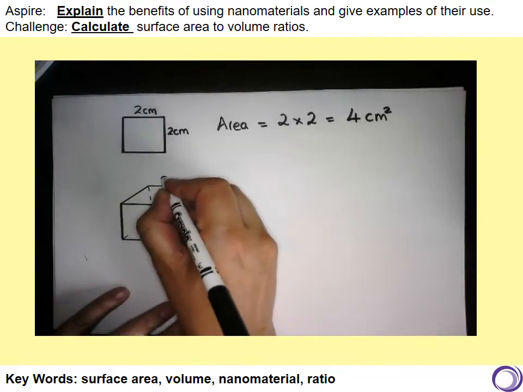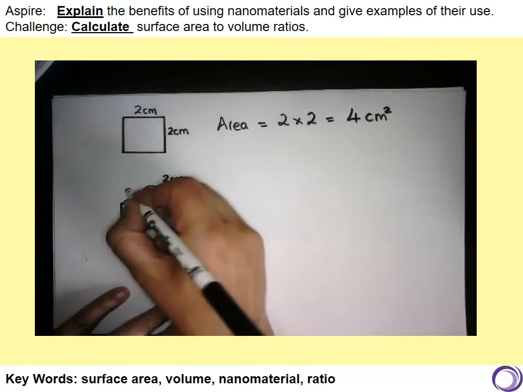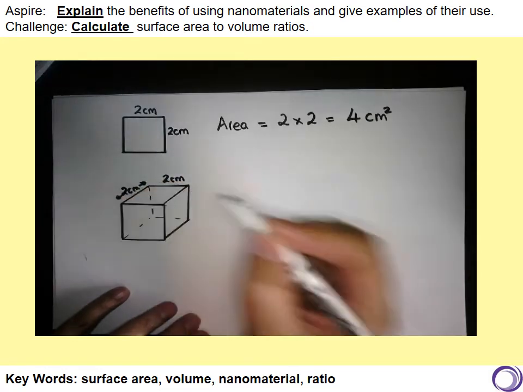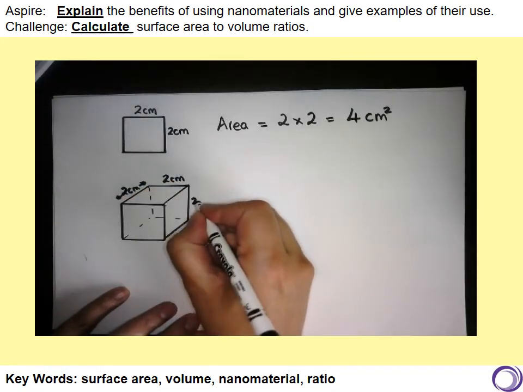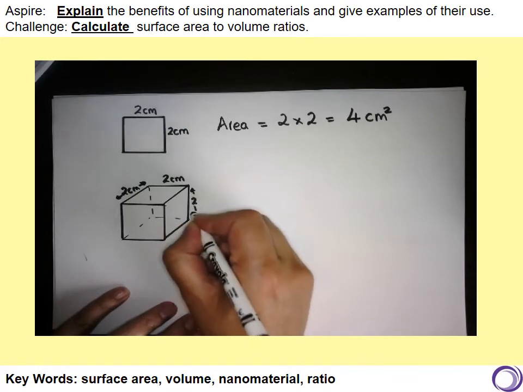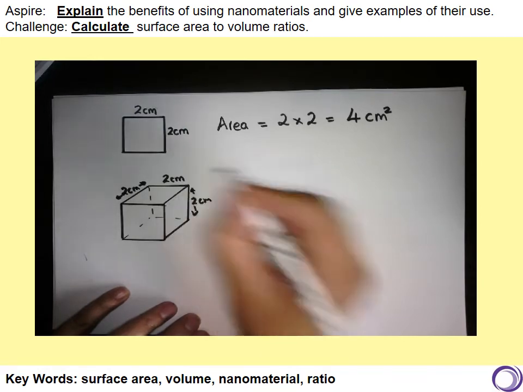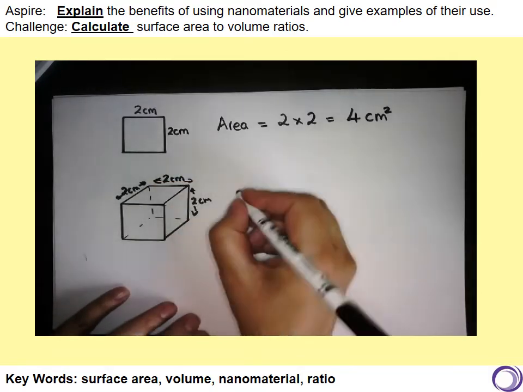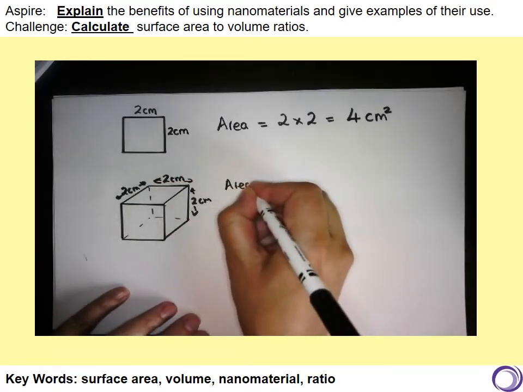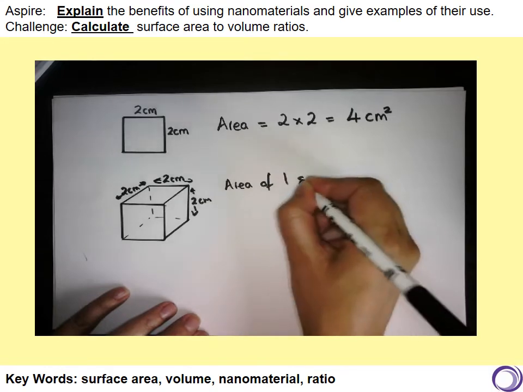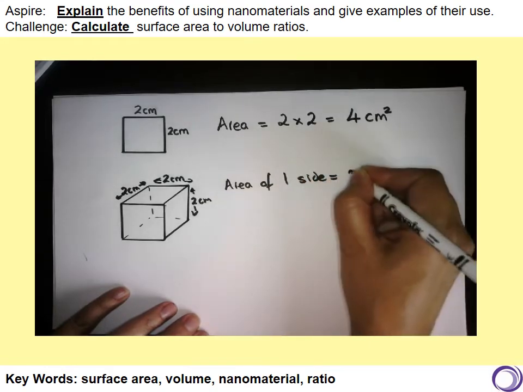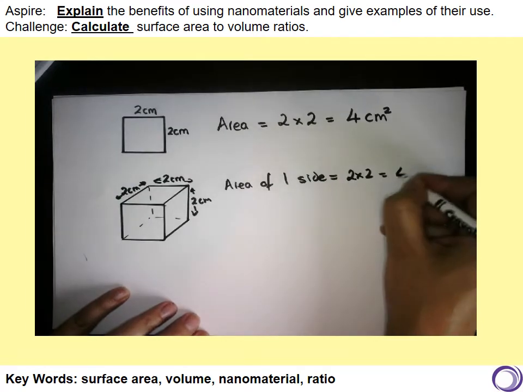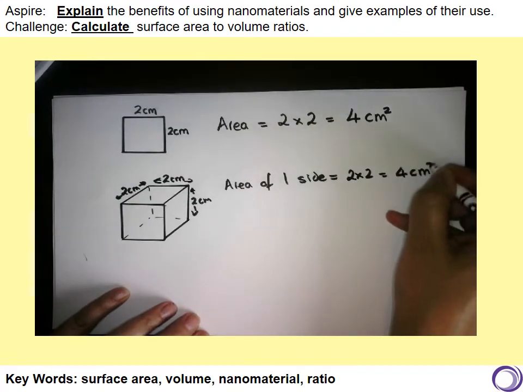So if again we had 2 centimetres by 2 centimetres, and it's a perfect cube, so this way is 2 centimetres as well, then the area of one side equals 2 times 2, just like it did on the square above, which is 4 centimetres squared.